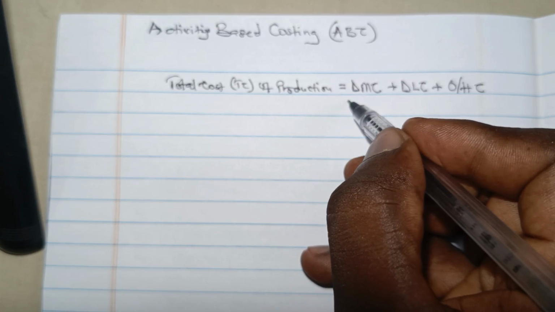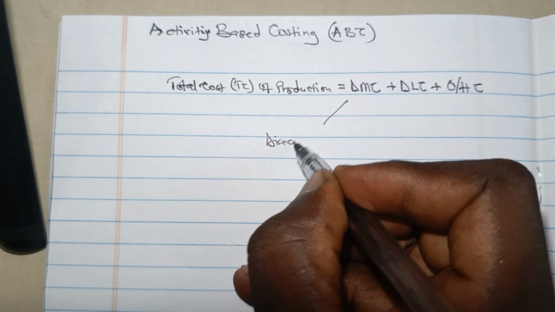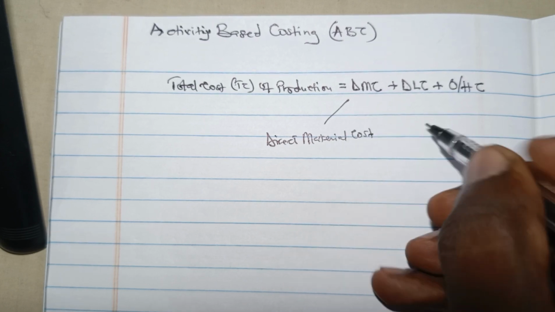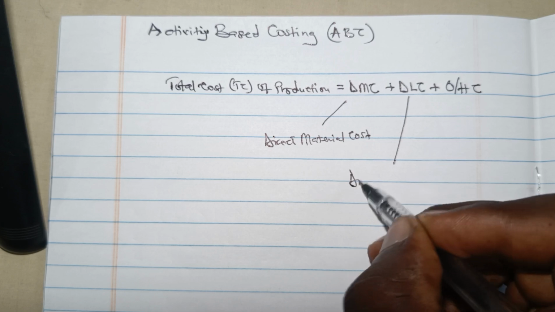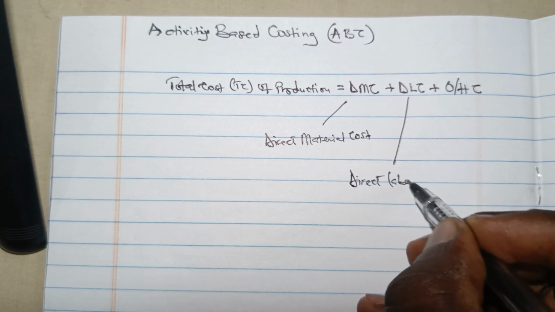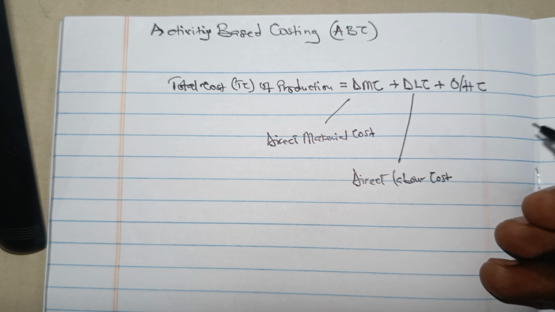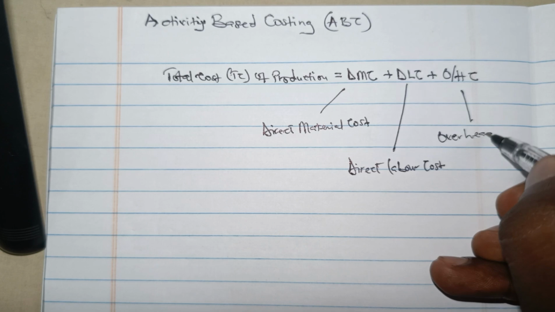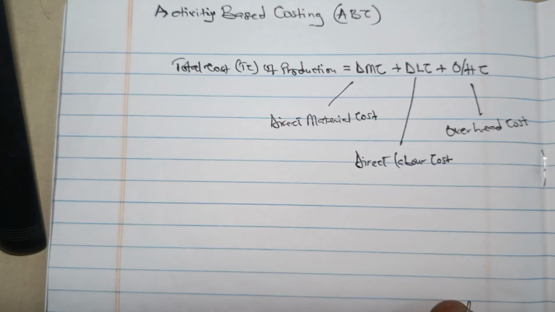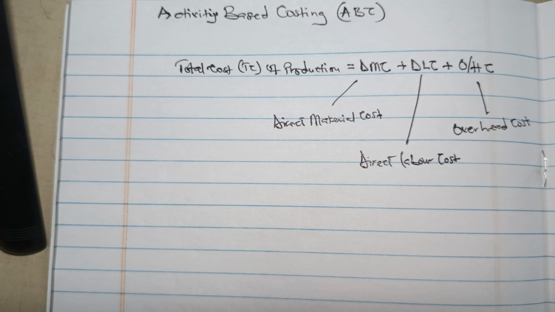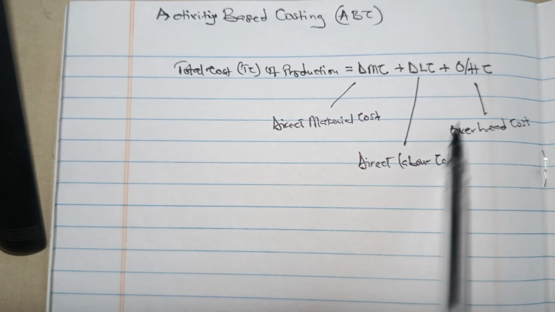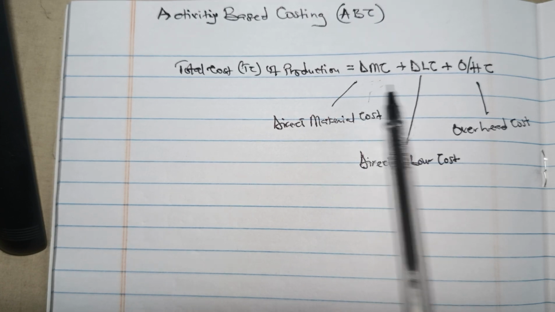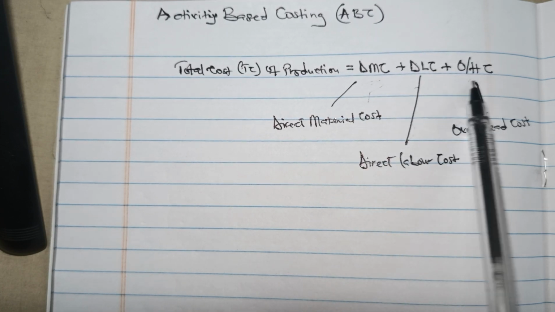Keep it in mind: this is direct material cost, this is direct labor cost, forgive my handwriting, and this is overhead. So before you begin any ABC question, note that this is how you are going to go about everything. You are going to find the direct material cost, direct labor cost, and the overhead cost.